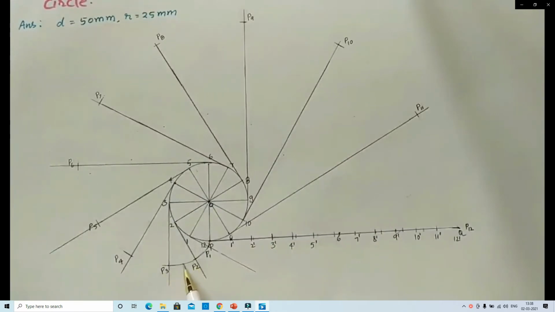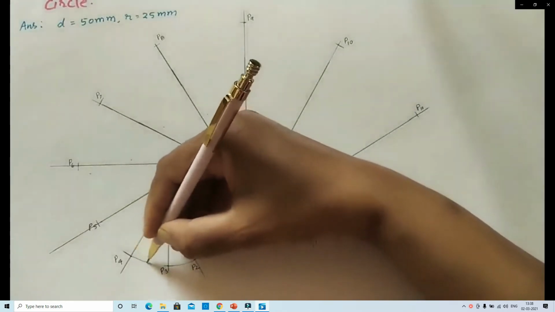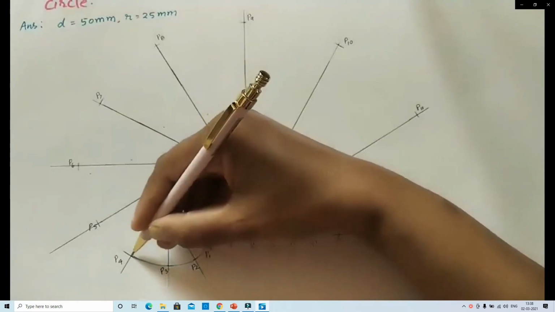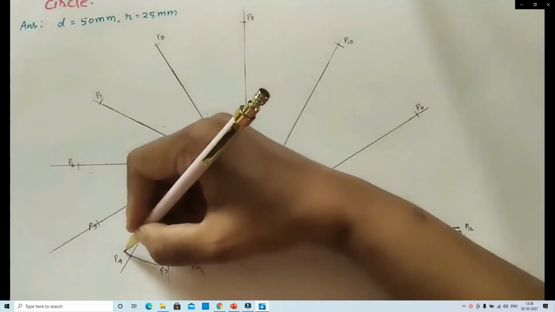Here we don't use the scale. With the free hand, freely we join the arc by arc. We join the arcs, total arcs in this way. You observe here.